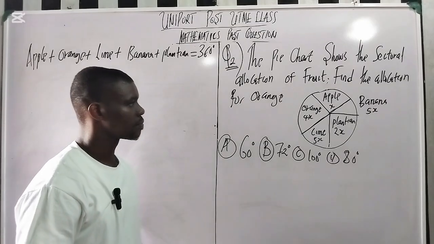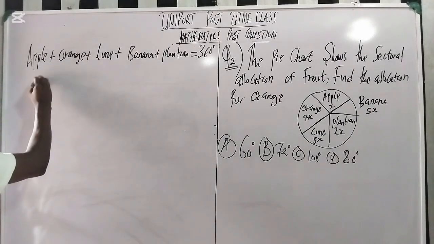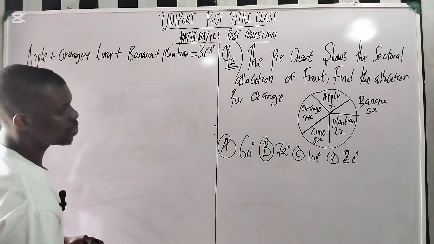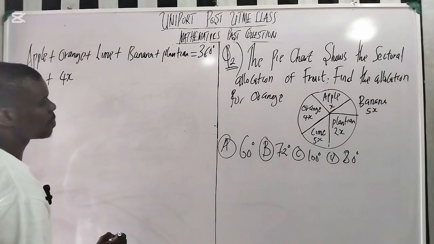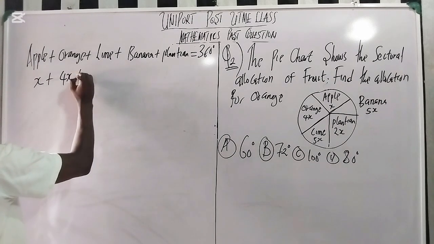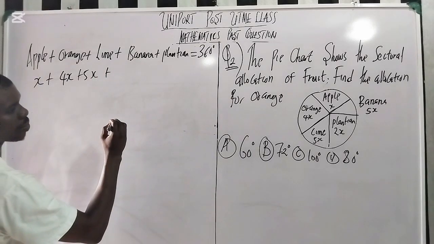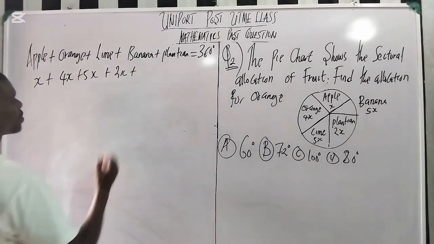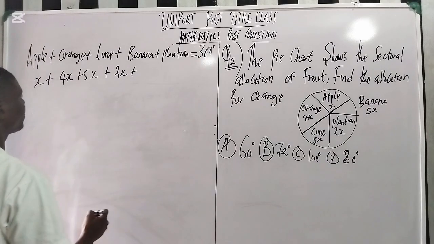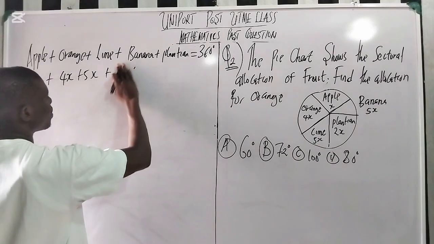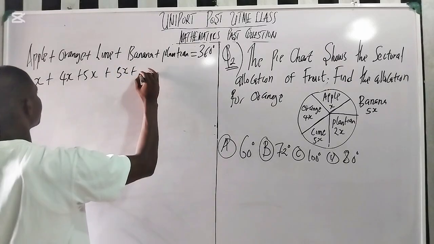Now apple is x, plus orange is 4x, plus lime is 5x, plus plantain is 2x, plus banana is 5x.